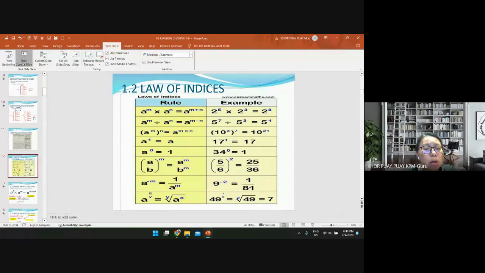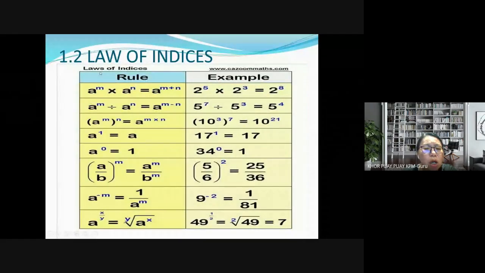All right. Okay. Next, after this law of indices, make sure you know all the formulas, especially the multiplication using the same base. Same base, when they multiply, index must plus. Same base when you divide, index must minus.